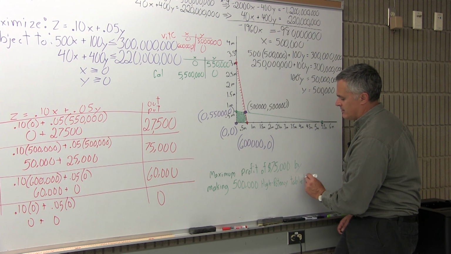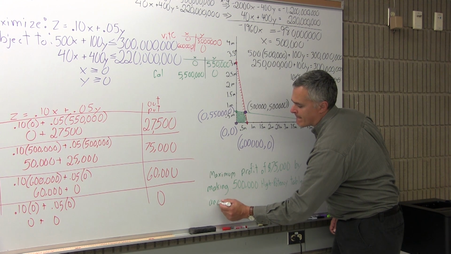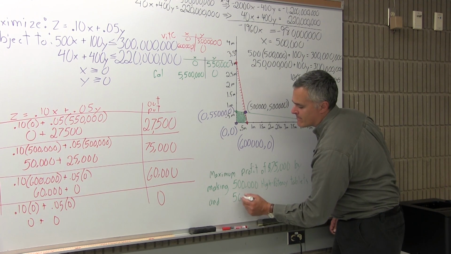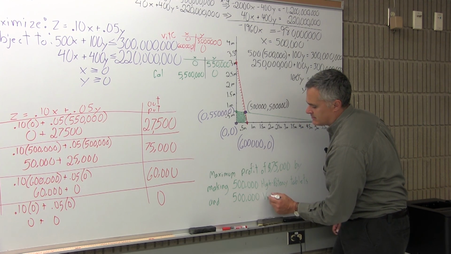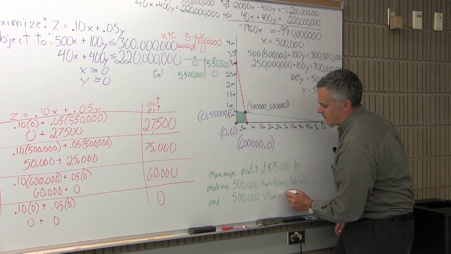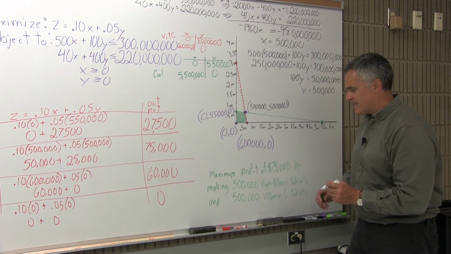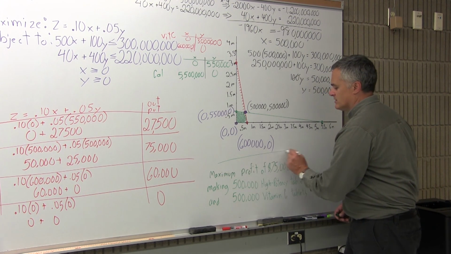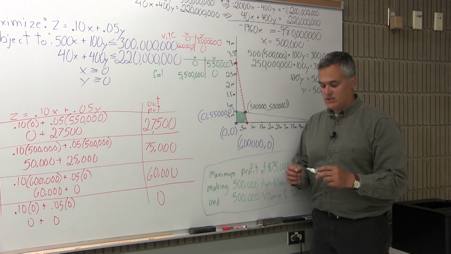That's the first type of tablet. And 500,000 vitamin C tablets, the second type. So a maximum of $75,000 of profit by making 500,000 of each type of tablet.